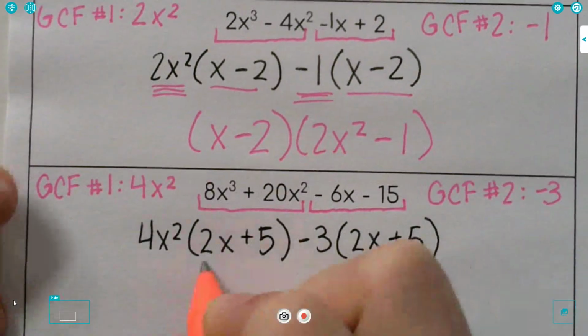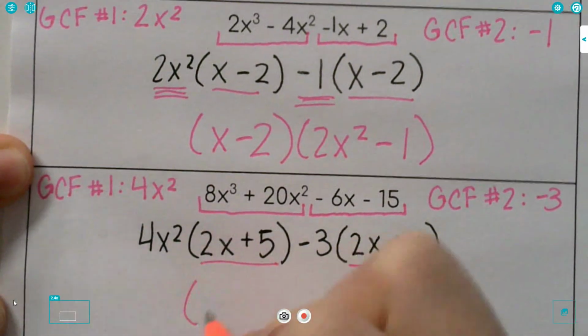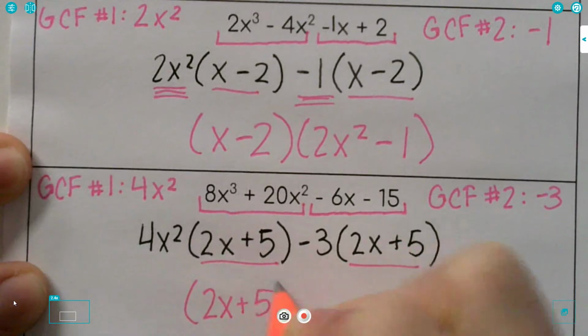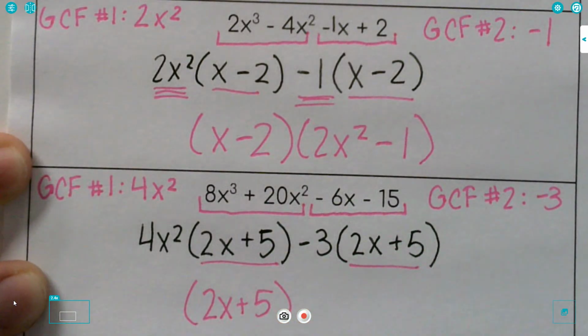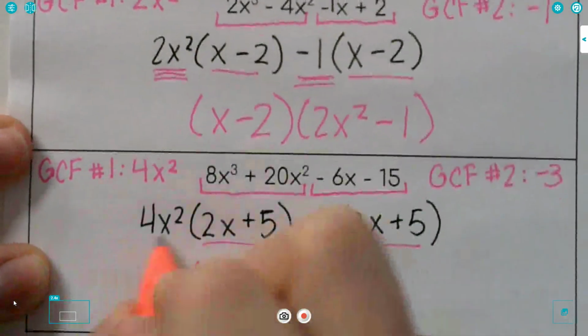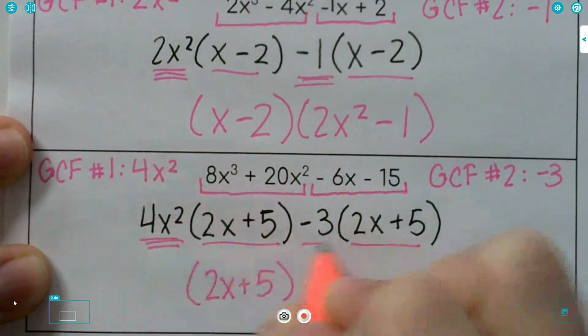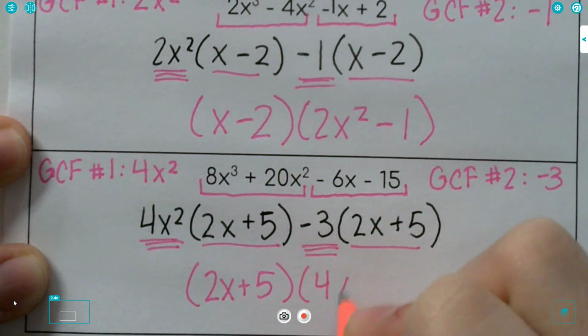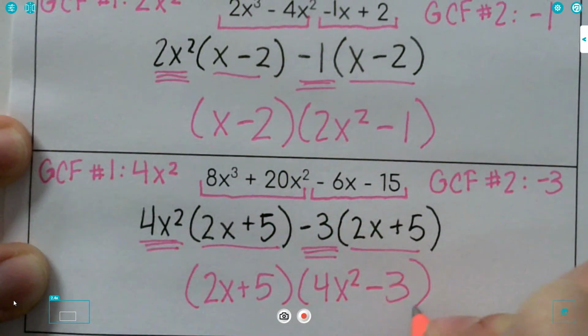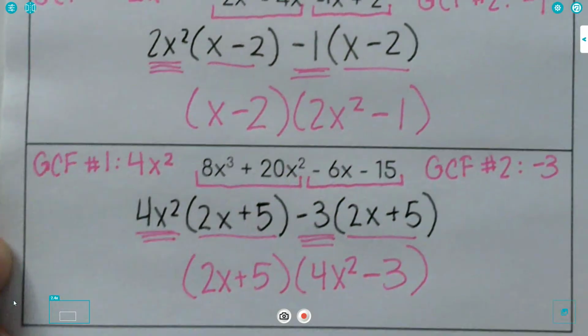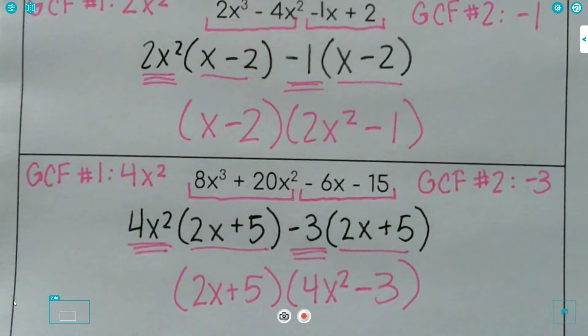Those match each other. And then I've also got this 4x squared and this -3. That is my second part of my answer. Okay, any questions? Okay, I'm going to go ahead and stop.